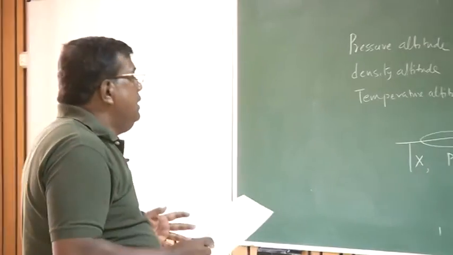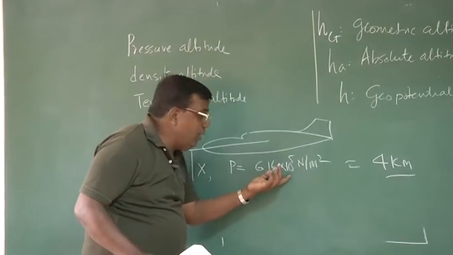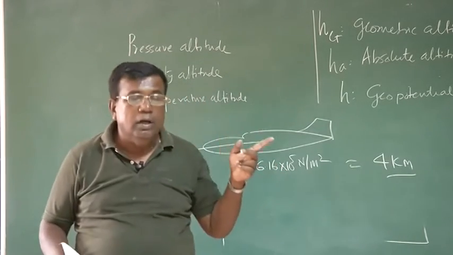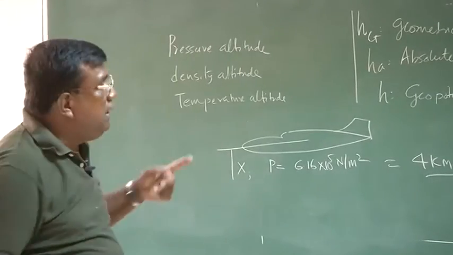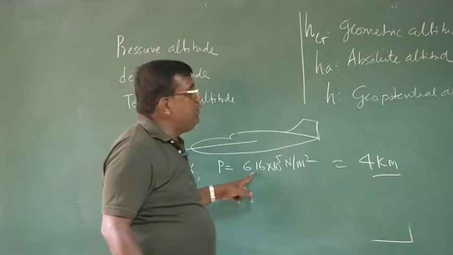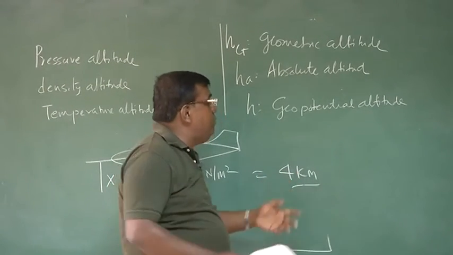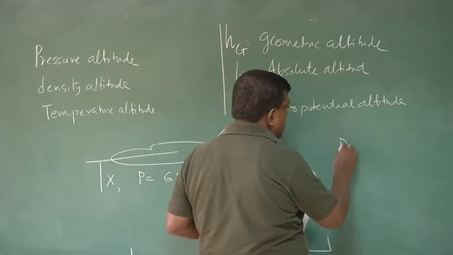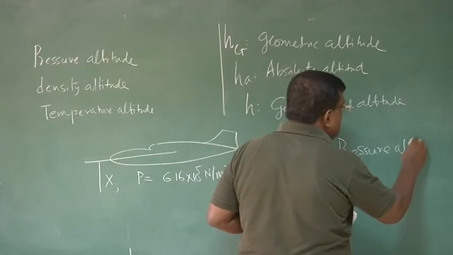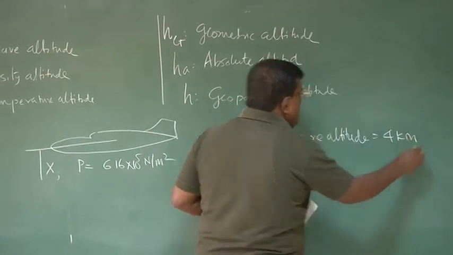This is the pressure sensed by the instrument at an altitude Hg. Now you go back and look at the standard table. What is that altitude which corresponds to this pressure? And that altitude, let's say it is around 4 kilometers if you check. So this pressure altitude becomes 4 kilometers. So pressure altitude is 4 kilometers. Right?